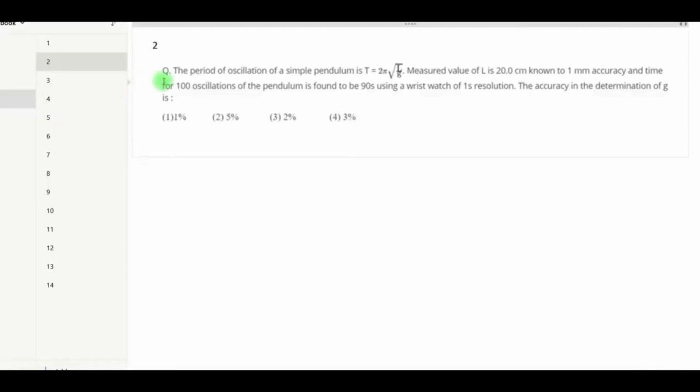So this was our question number 2, where the formula for the time period of a pendulum is given. Capital T stands for the time period, and that is equal to 2 pi square root of L by g. L is the length of the pendulum, whereas g is the acceleration due to gravity. It's given that the value of L is 20 centimeters, known to 1 millimeter accuracy.